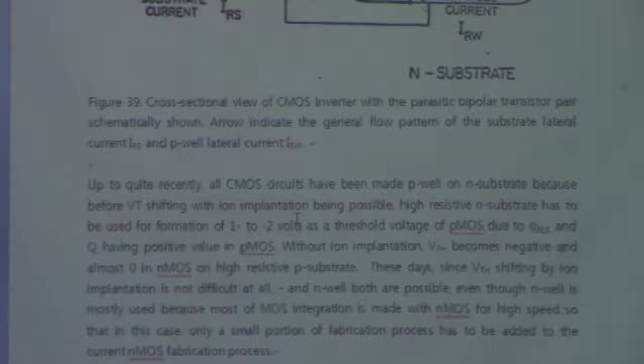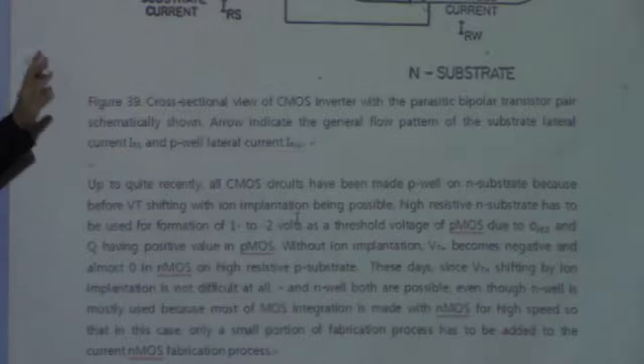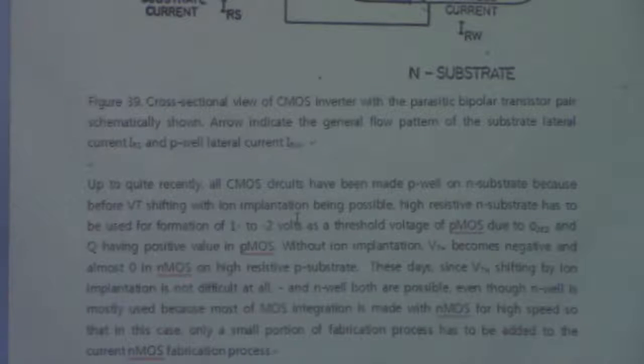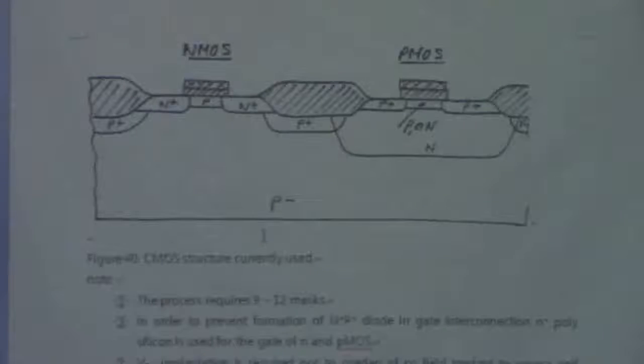So the burning is the problem. The current itself is not a problem. We have to prevent the latch-up because the device is going to be ruined, not just a one-time thing, but it's going to burn out everything. So the latch-up has to be prevented somehow.